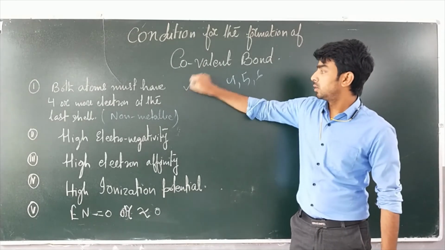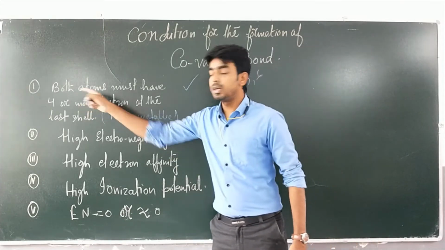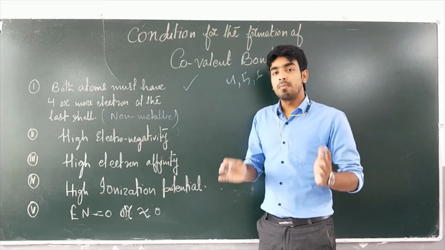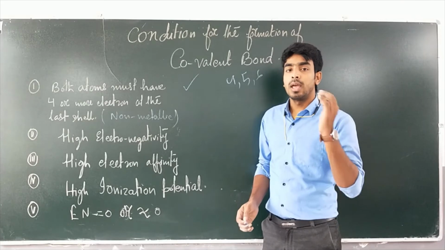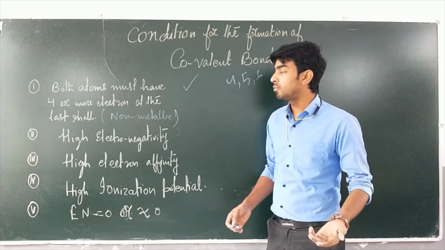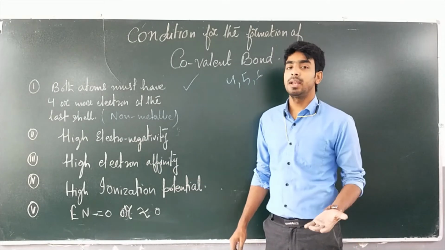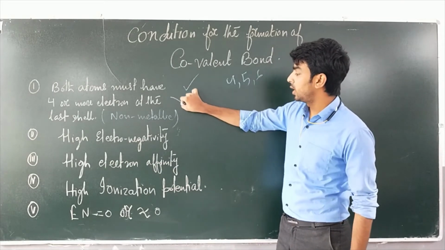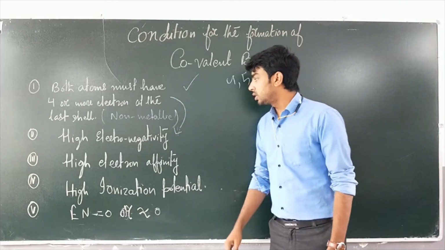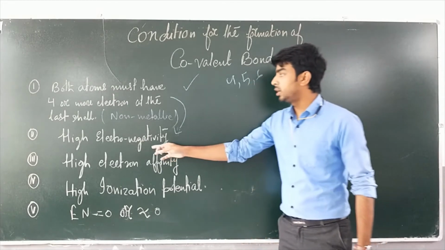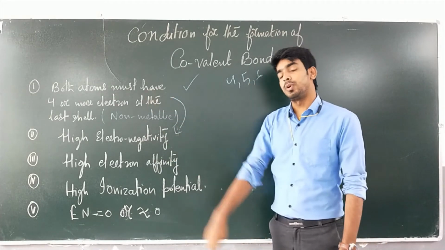So this is clear why the first condition is needed: the bond must be between elements that have 4 or more than 4 electrons. Now next you're seeing it must have high electronegativity. This condition is actually related to the first one. Why?